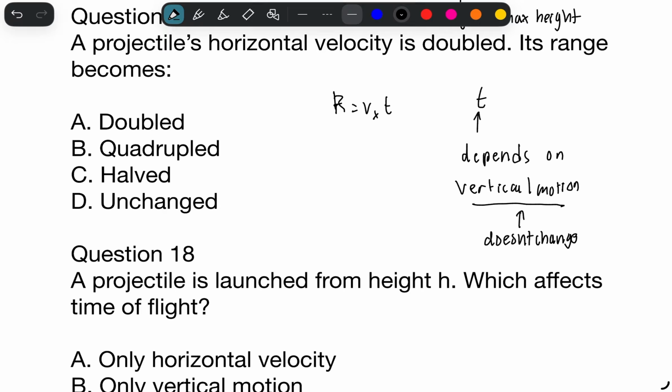So if our vertical motion doesn't change, and our Vx is going to be doubled, we're just going to have a twice as large range, because R is directly proportional to Vx.